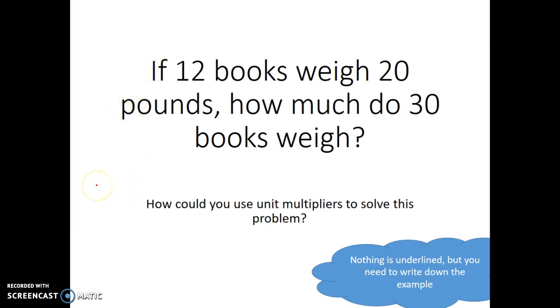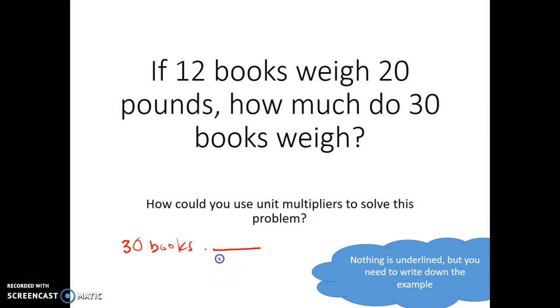If we were using unit multipliers to solve this kind of a problem, what you might do is say, we want to know what 30 books are. And we might multiply that by a unit multiplier, which tells us the relationship between books and weight.